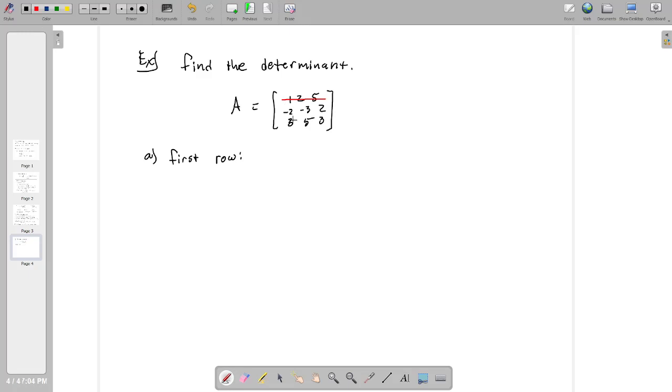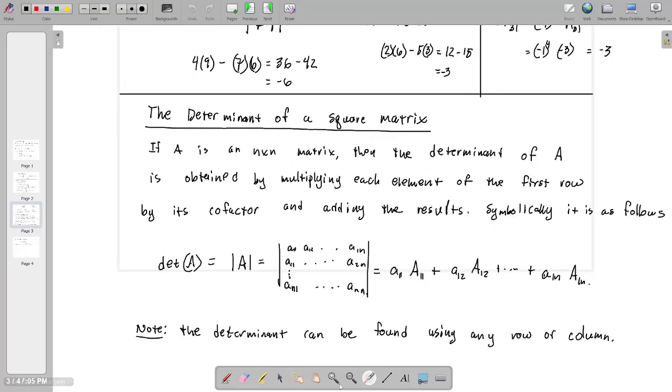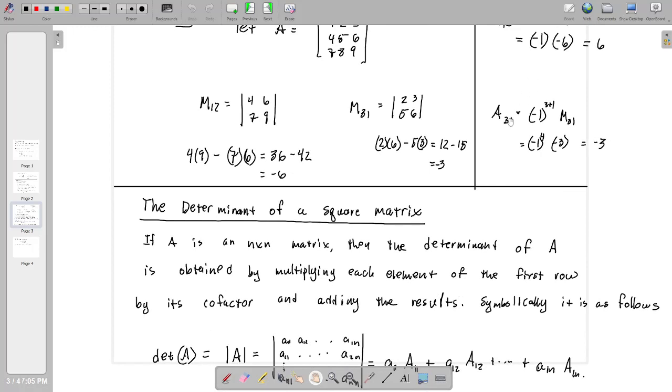Each element in the first row is going to be multiplied by its corresponding cofactor. So a11 A11, plus a12 A12, plus a13 A13. Now the cofactors, the first one will be positive, the second one will be negative, and the third one will be positive, in terms of this negative 1 that's added at the front of the cofactor.